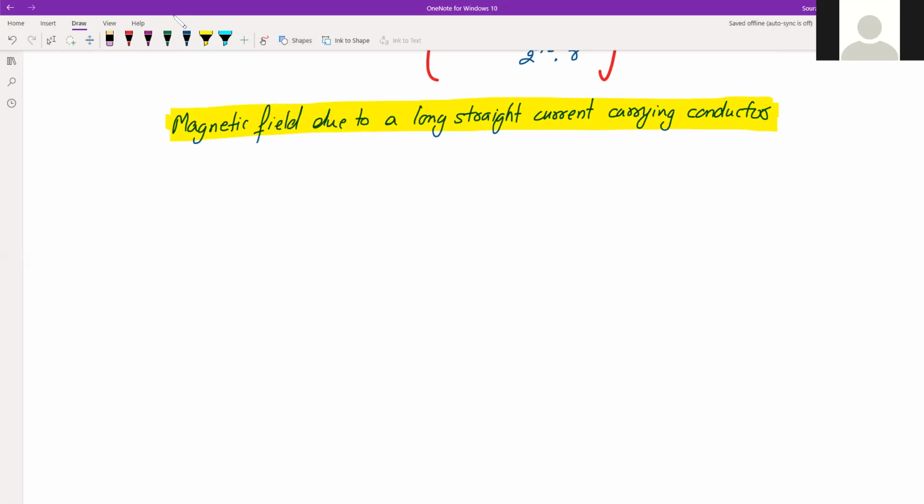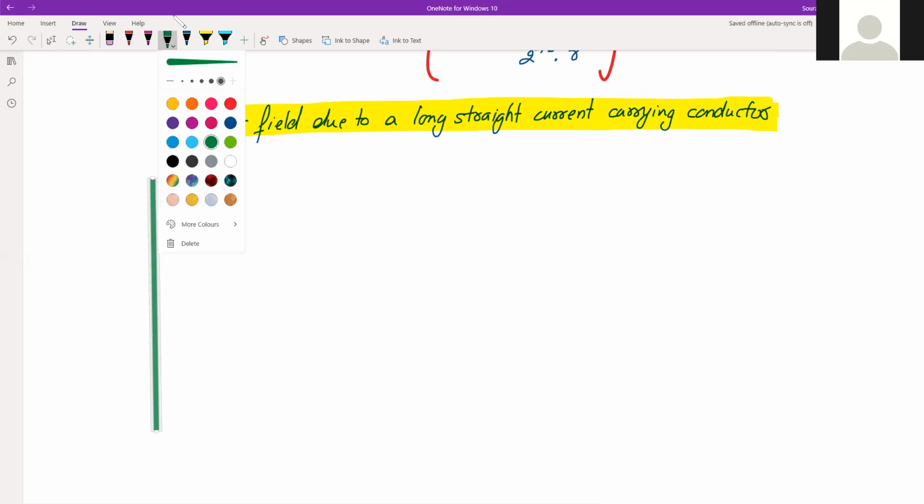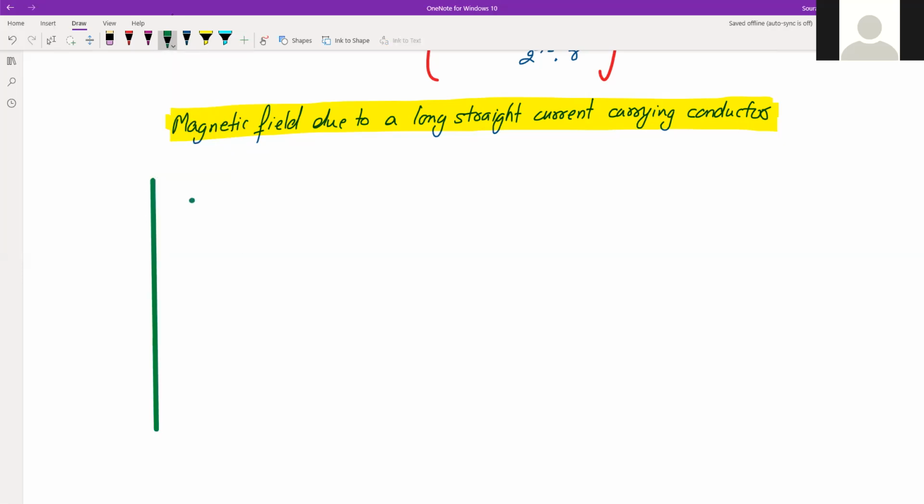So suppose this is the conductor, a straight conductor carrying current, and let the direction of current be from bottom to top, that is upwards.